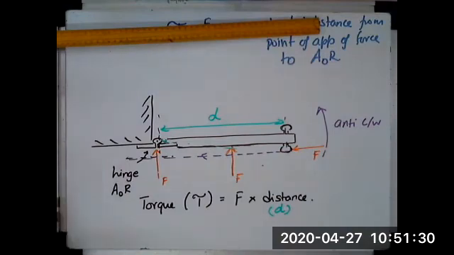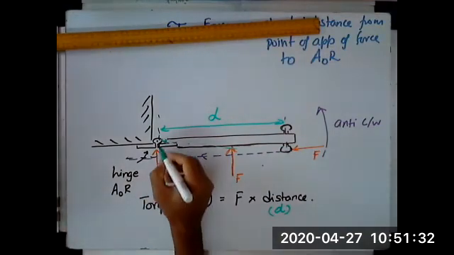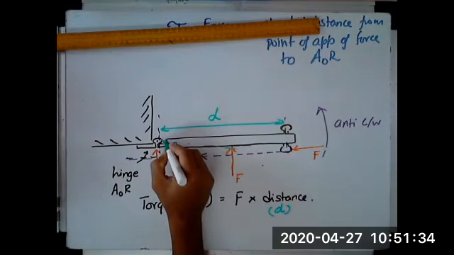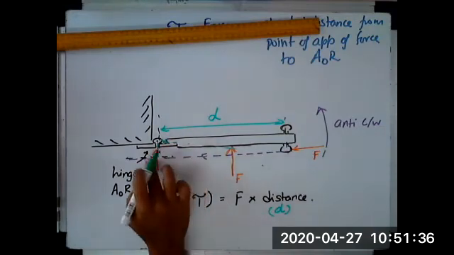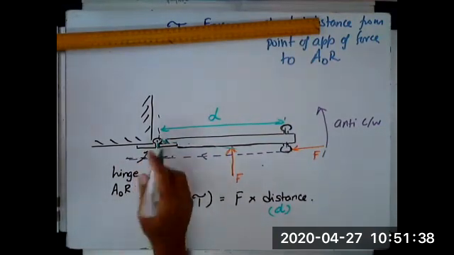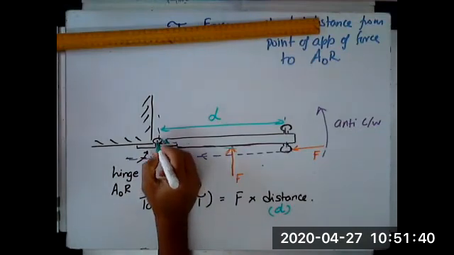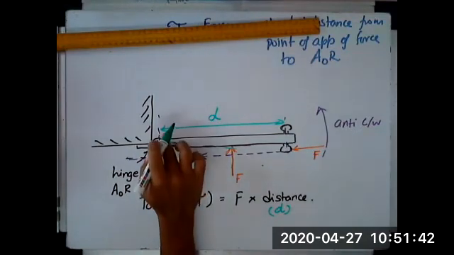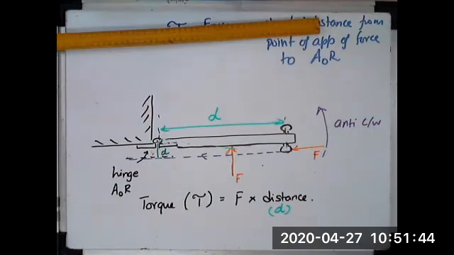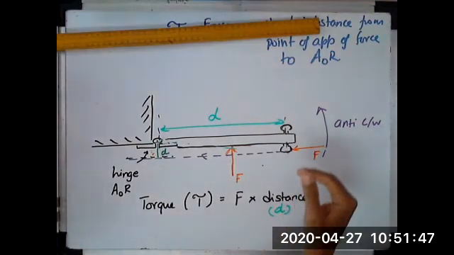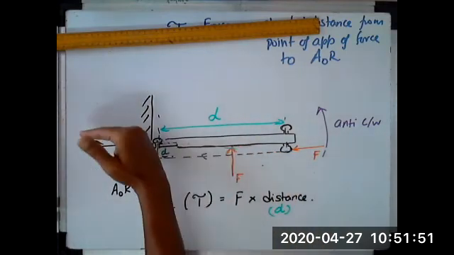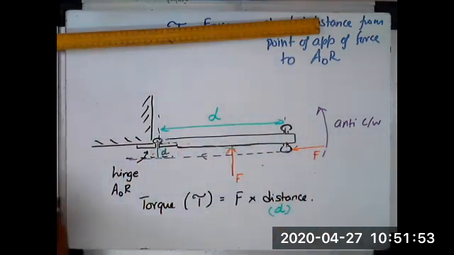Okay. Then you can see that the shortest distance between the hinge and that, I'll just get rid of this part of it now. So the shortest distance between this has now reduced considerably. And you can imagine that if the force were being applied in such a way that the line of application of force passes through the hinge, right?